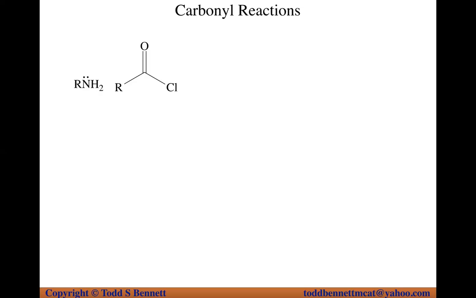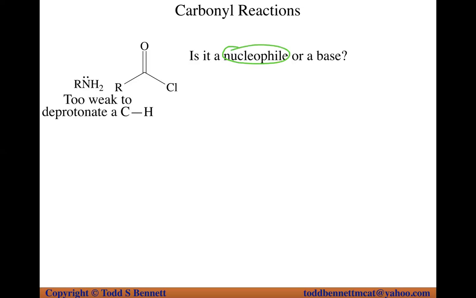So amines, if you recall, are weak bases, so it's not going to be strong enough to deprotonate, so it's going to end up acting as a nucleophile. So first question, it is a nucleophile. It's too weak to deprotonate CH, so it's got to be a nucleophile.